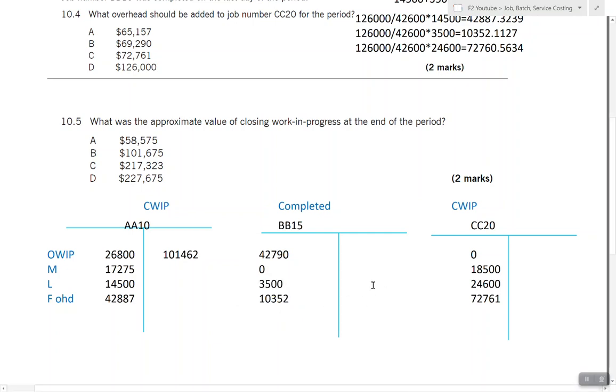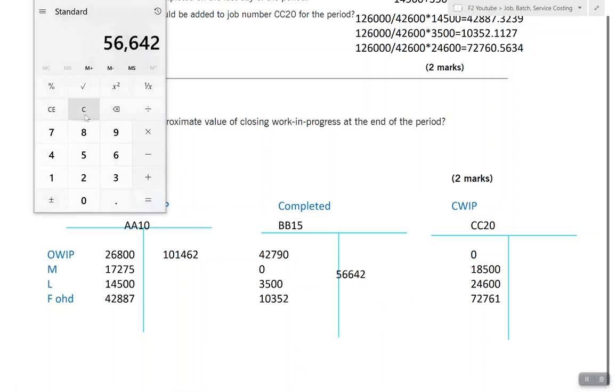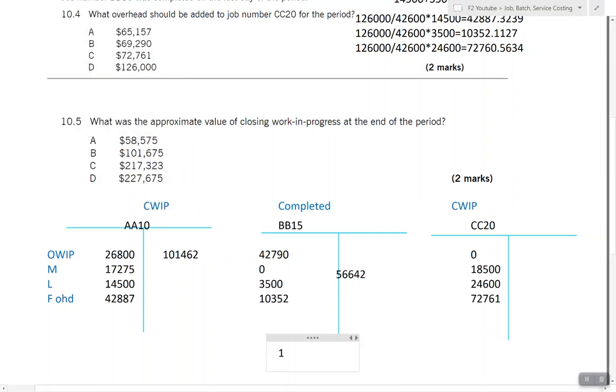And then finally, 18,500 plus 24,600 plus 72,761. 115,861.